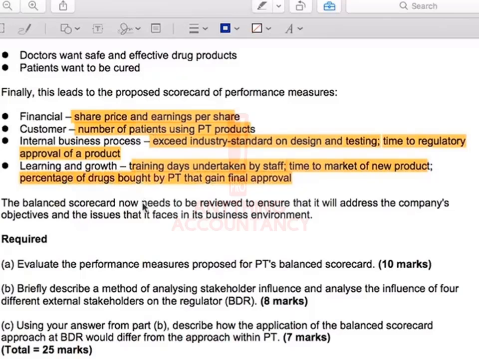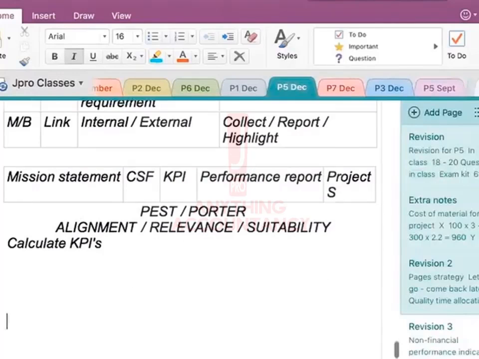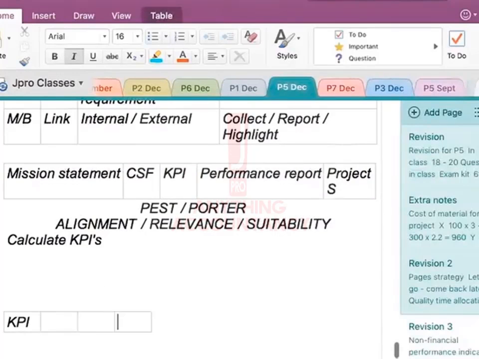Okay, let's look at what they have done here. How many measures have they set up? Their KPI, they have 1, 2, 3, 4.